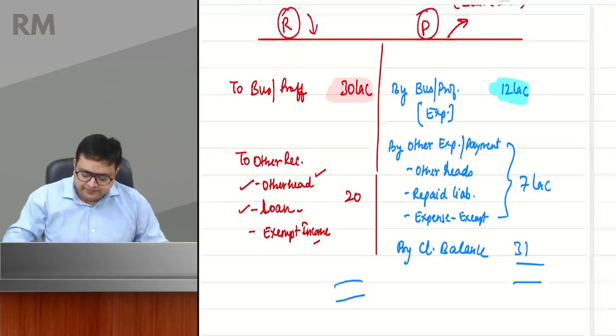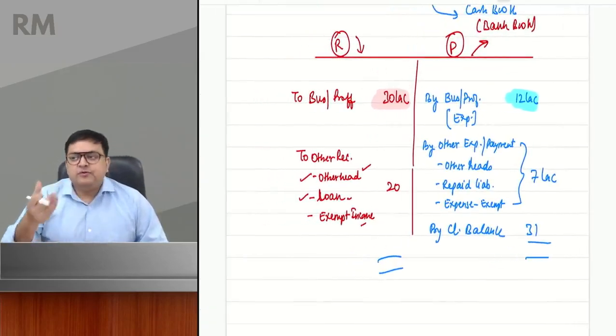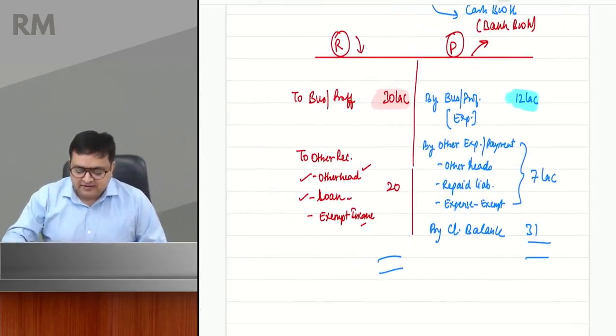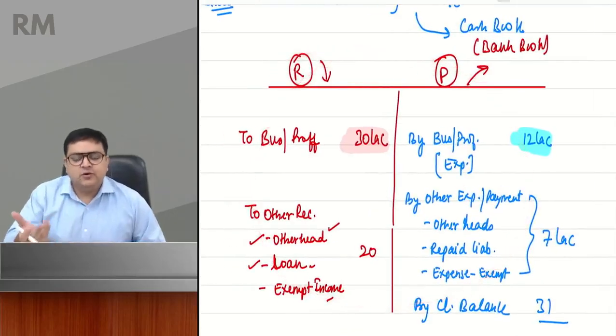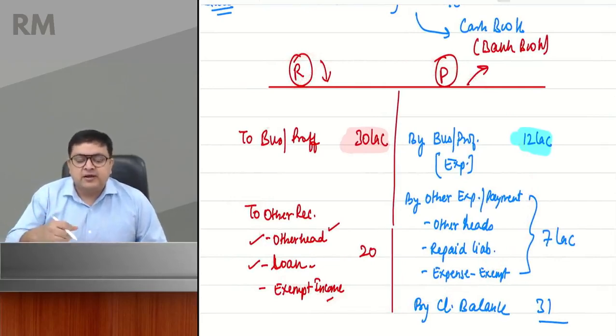Everybody agree? Guys, while computing your PGBP, because it is a cash book, a bank book, only the transactions which are done in money form are recorded over here. But there are some non-cash transactions also, like depreciation, like other deductions, which will not show over here. Correct? Then what will you do?